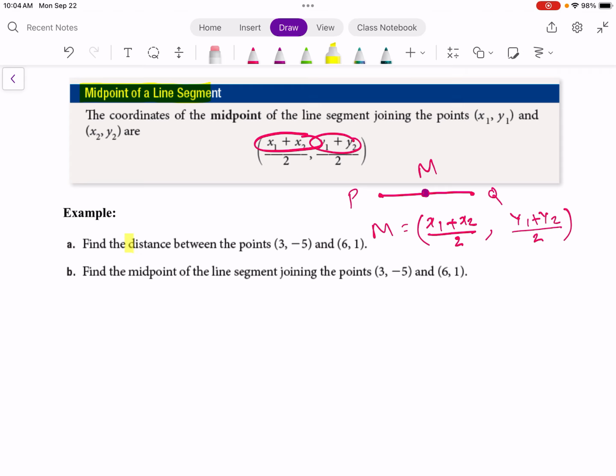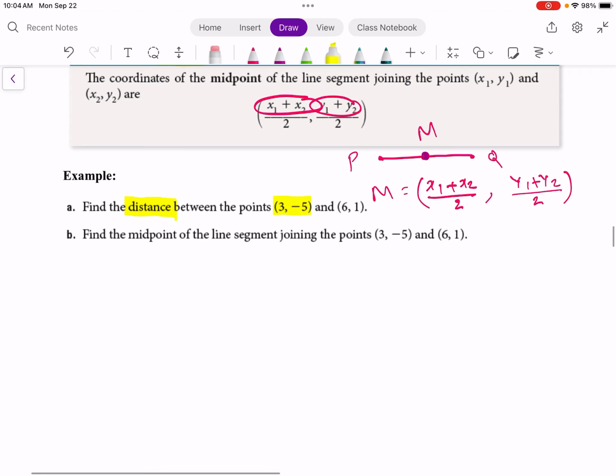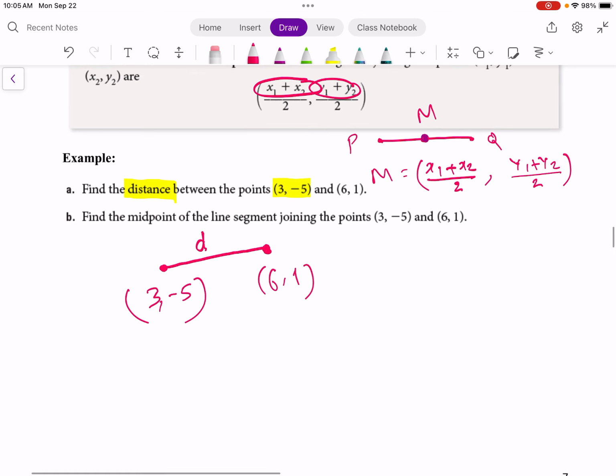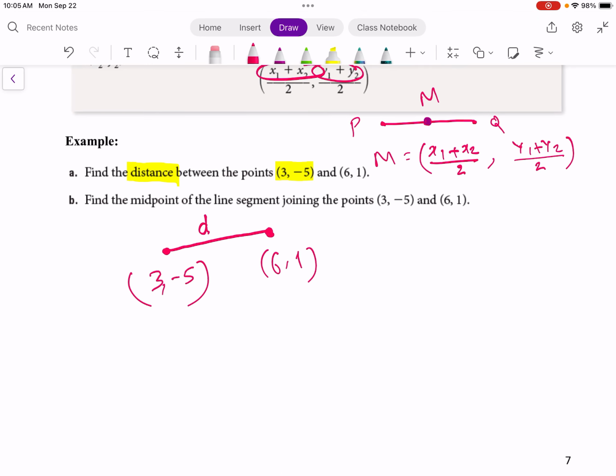We are asked to find the distance between 2 points (3, -5) and (6, 1). So let's take this first point as (3, -5), and we have our second point (6, 1). Our target is finding the length of this line segment, the distance between these 2 points.